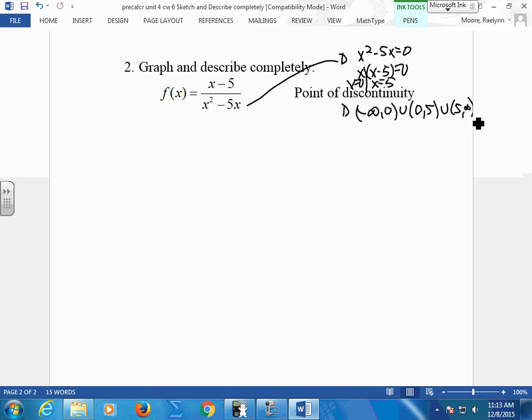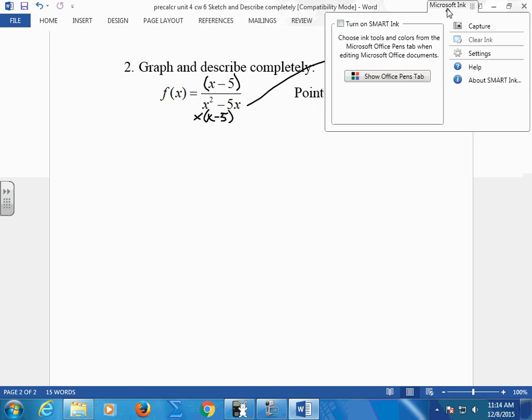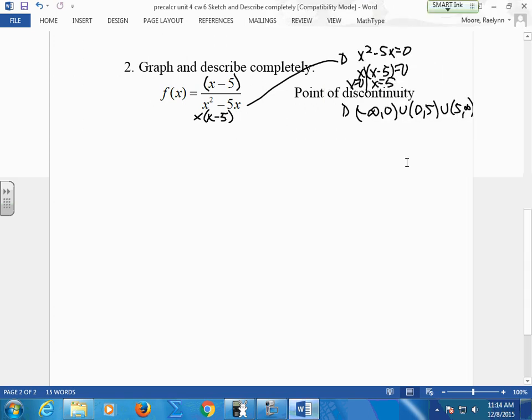Now, we try and reduce this. So we've got this. Is it possible to reduce anything here? What factor? X minus 5. Now, when you reduce this, this is key. Put a line through here, but put a little note here that this is your point of discontinuity.